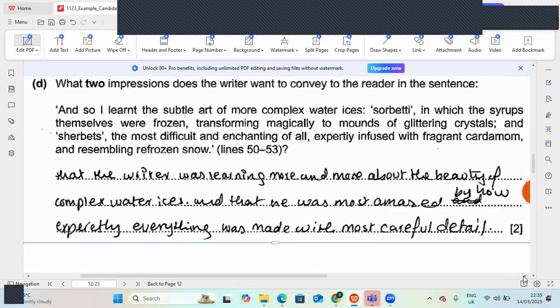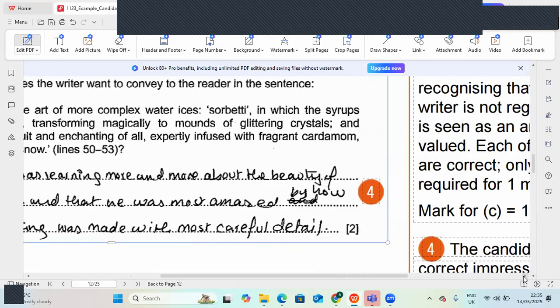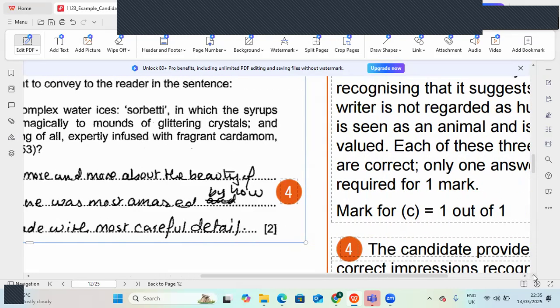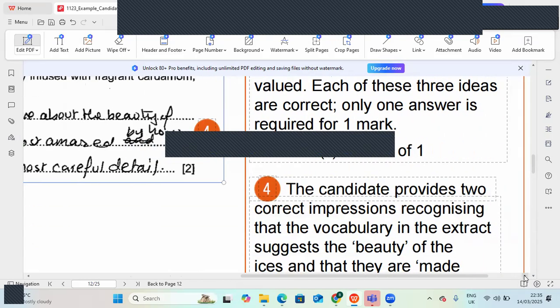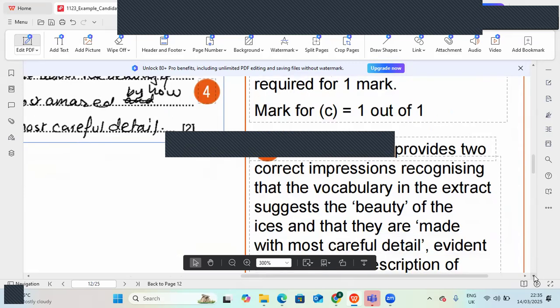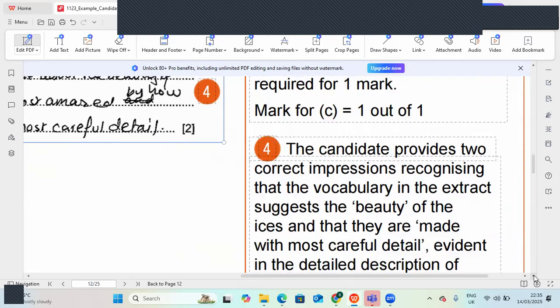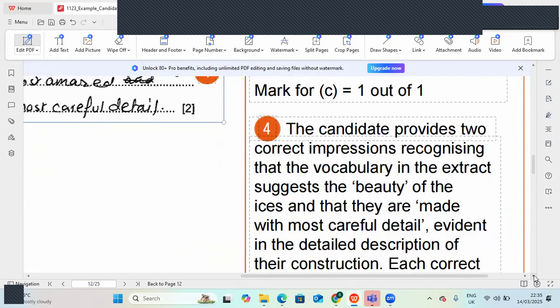Let's see what the examiner says about it. This is 2 marks, so you have to look at the two impressions being created there. The candidate provides two correct impressions, recognizing that the vocabulary in the context suggests the beauty of the ices, that they are made with the most careful detail.